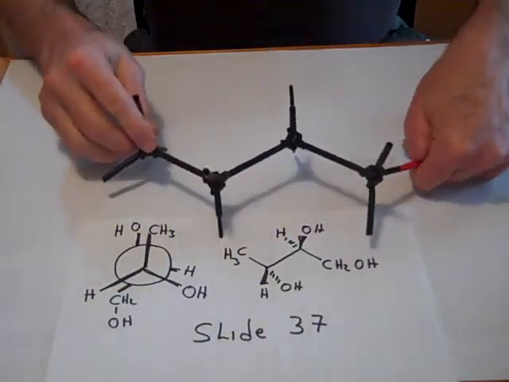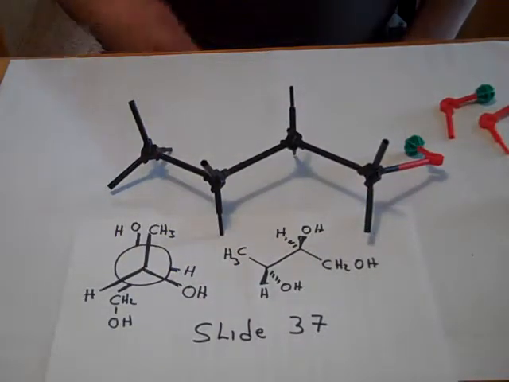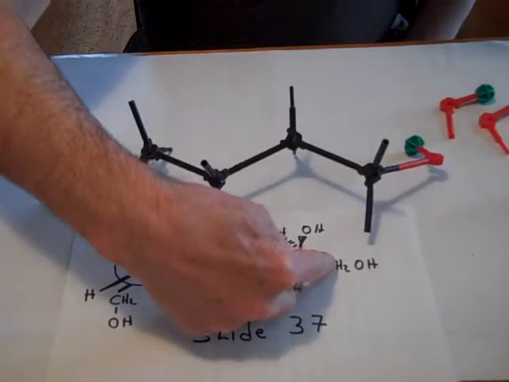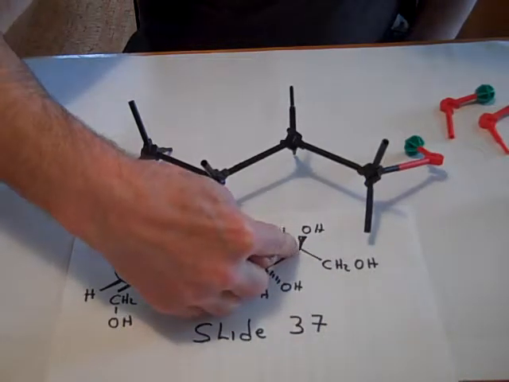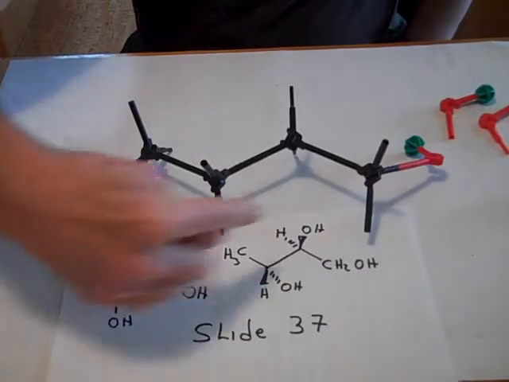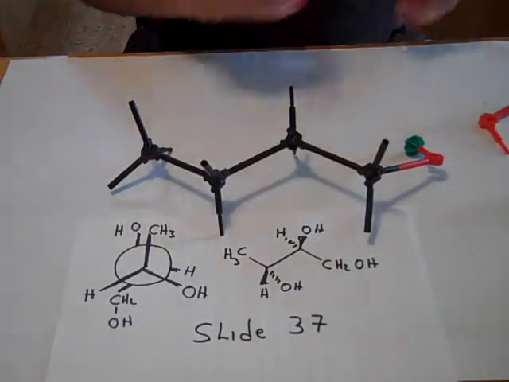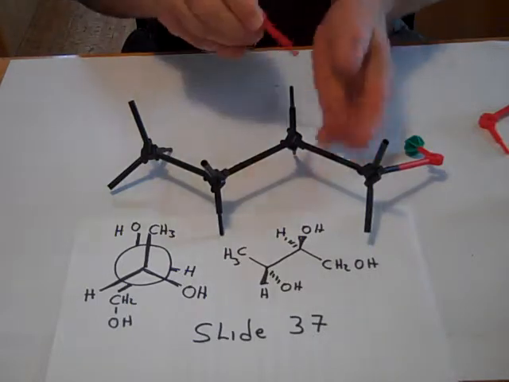So that gives us that kind of a structure there. Now as we work our way in, we can see that at this position this hydroxy group is coming out of the plane of the paper up towards the viewer. So that corresponds to this position here.